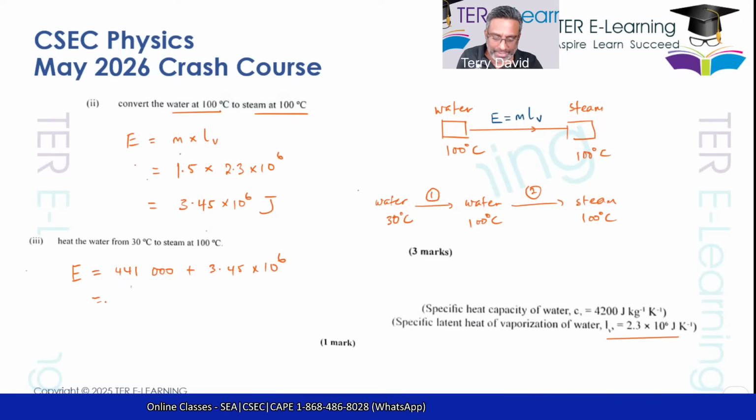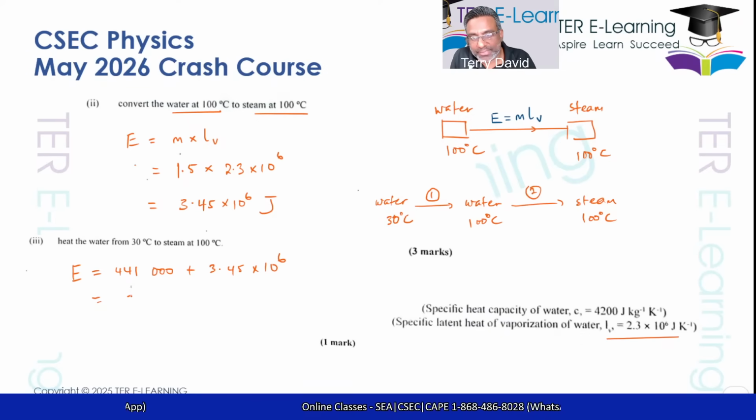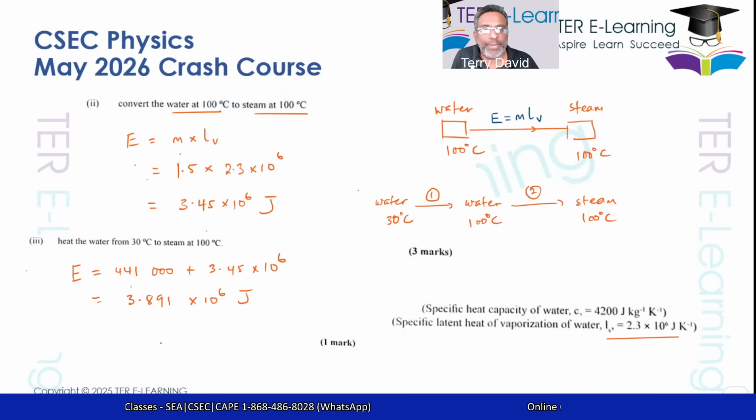Okay, when we add that up, we're going to get, right, you can write this in standard form if you want as well, 3.891 by 10 to the 6 joules. Okay, it's only 1 mark for that, so CXE. Okay, so that is the third question.